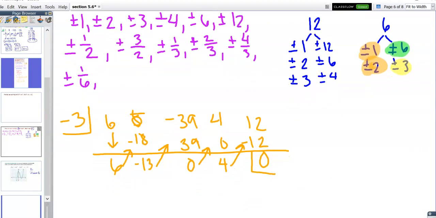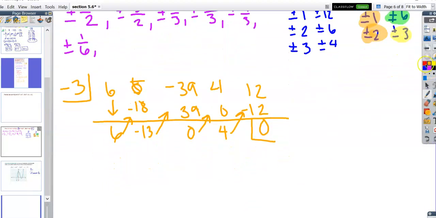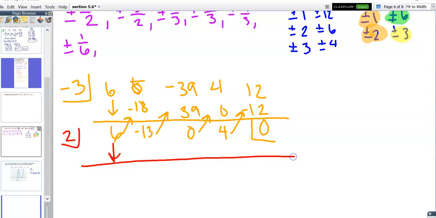We also said that 2 looked like a good choice. So now let's try dividing what's left over by 2 using synthetic division. Multiply the 2 and the 6, add the -13 and the 12. Always carry up and to the right. And we have a remainder of 0.